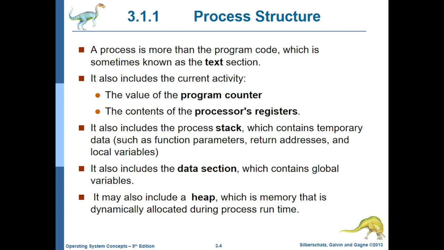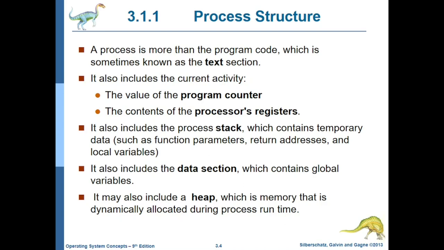Another component of the process structure is the process stack, which is a section of memory that grows and shrinks dynamically as the process executes. The stack contains temporary data such as function parameters, return addresses, and local variables. The stack helps the process keep track of its own function calls and returns.